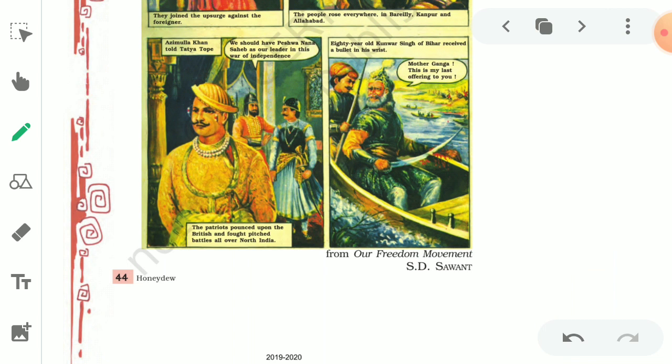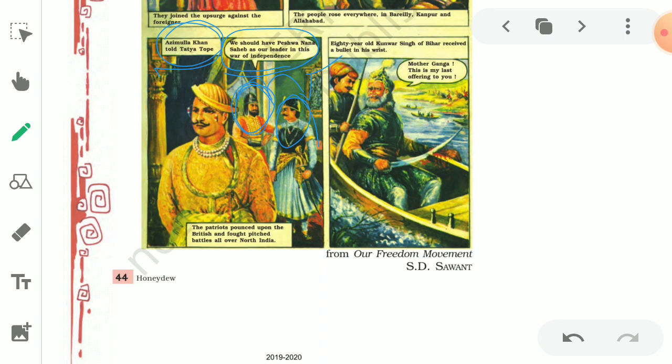Then Azimullah Khan told Tatya Tope, we should have Peshwa Nana Sahib as the leader in this war of independence.